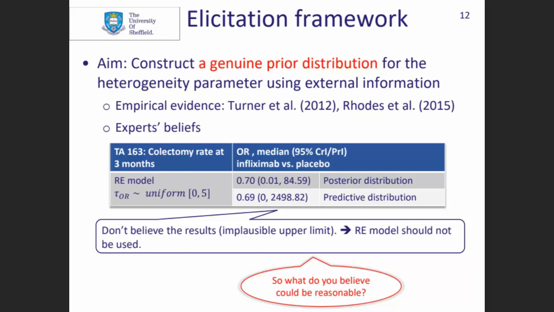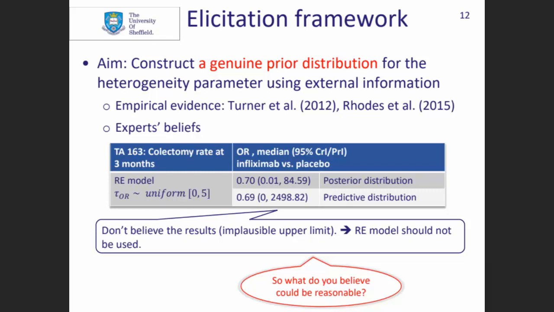So using a random effects model with a vague prior, we see that uncertainty is huge, with the upper bound reaching nearly 85 for the posterior distribution, where the posterior distribution summarizes what we learn about the treatment effect after seeing the data. And then the upper bound is actually over 2,000 for the predictive distribution. And the predictive distribution shows the estimated treatment effect in a new study.